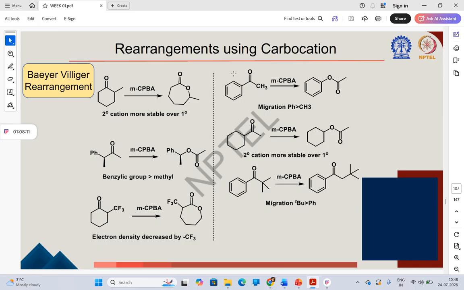Okay, so in this case where we have cyclohexyl and methyl, of course the cyclohexyl group is more electron rich, so that's why the oxygen atom will come over here. And in the last case, tert-butyl and this phenyl group, tert-butyl has a good migratory aptitude, so the oxygen atom will come over here. This is a mistake, this is not a carbon, here is an oxygen atom.